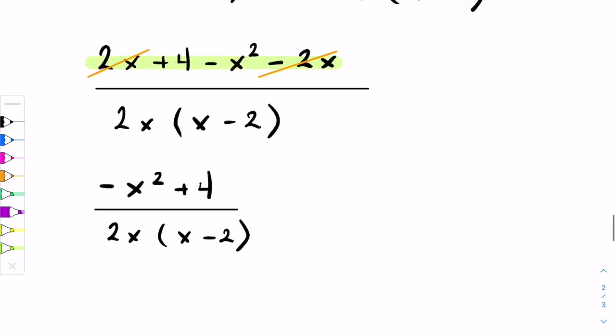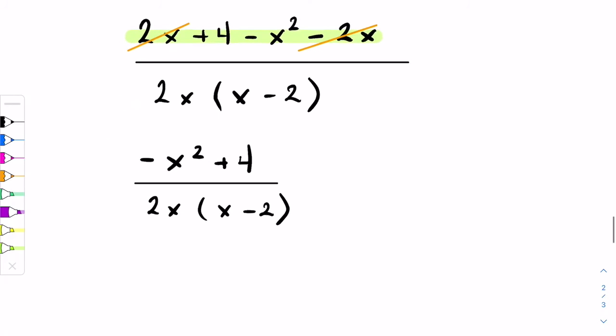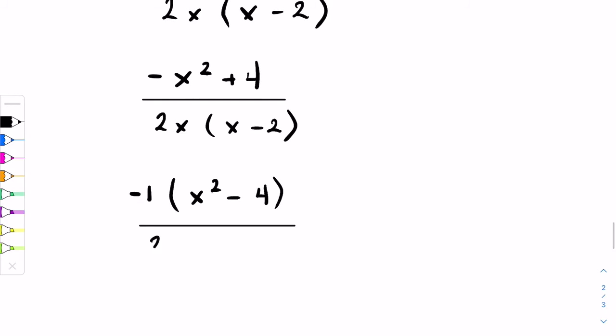Now, in this numerator, you have to recognize that subtraction sign, or the negative sign, which starts the function. Previously, when we learned about factoring, we learned that you can never have a negative leading coefficient. So I'm going to factor out a negative 1 of that numerator, leaving me with x squared minus 4 divided by 2x times x minus 2.